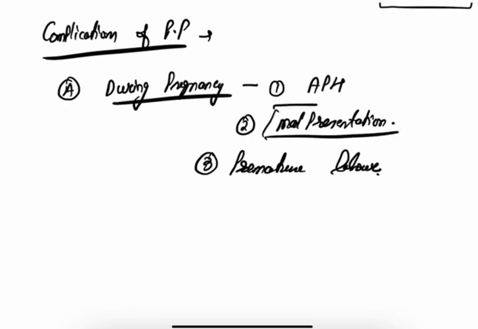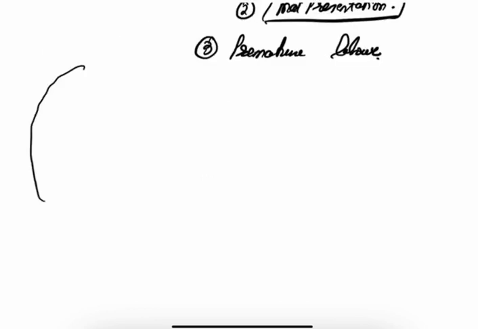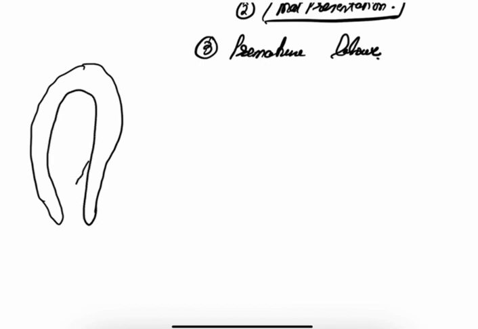How can it lead to malpresentation? This is our uterus. Here is complete placenta previa. So when there is placenta in the lower uterine segment, the head of the baby will not be able to engage, and it will freely float in the uterine cavity. That leads to malpresentation of the baby.